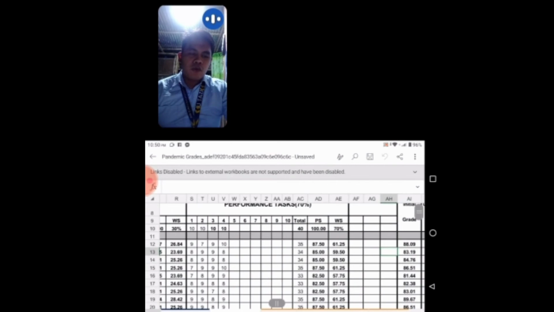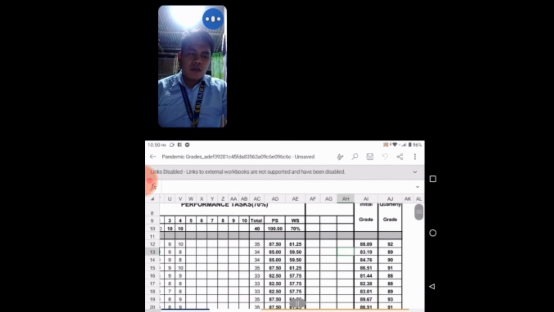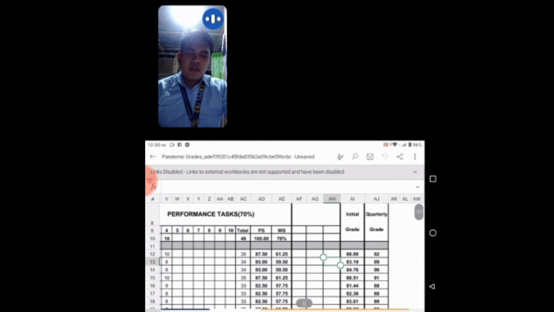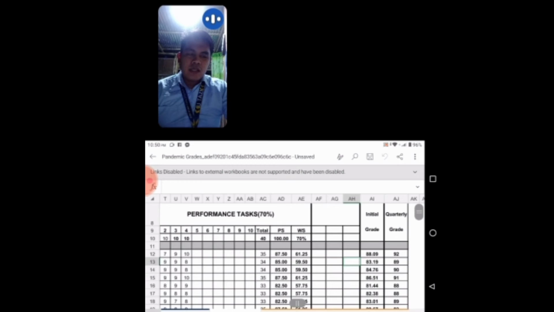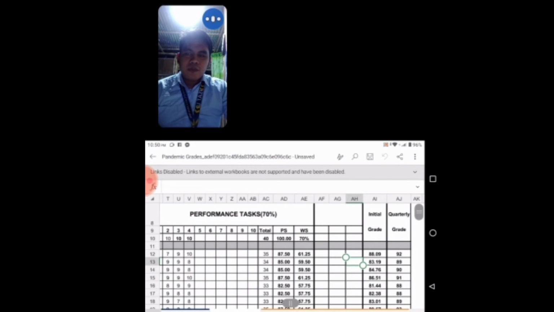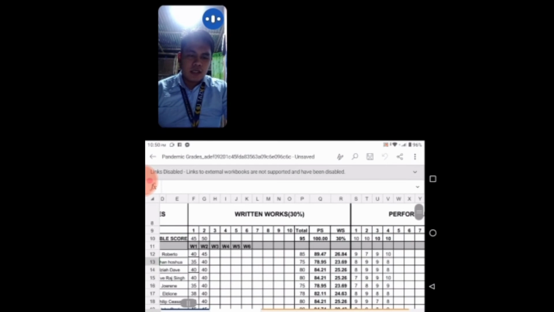Then the next example is student number 2, or student B. In his written score, the first written exam is 35, then the second is 40. 35 plus 40 equals 75, which is 75 over 95.